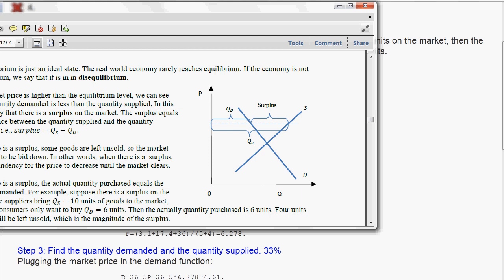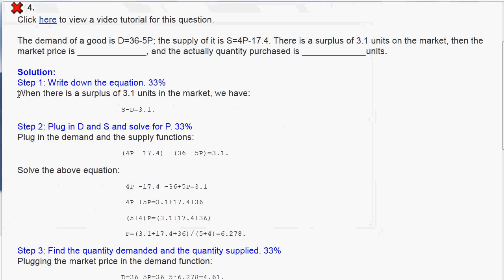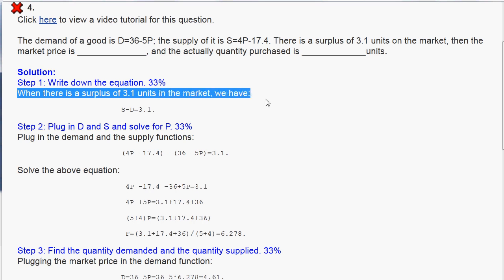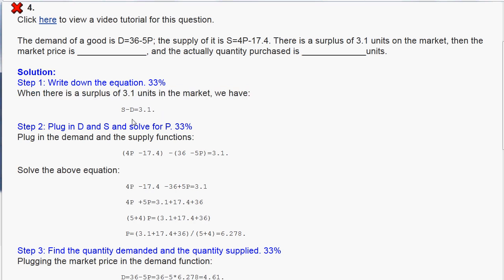So you should remember this picture, and then we're going to translate the relation between QS, QD, and surplus into a mathematical equation. That's our first sentence. When there is a surplus of 3.1 units in the market, we have S minus D equal to 3.1. It's very important.